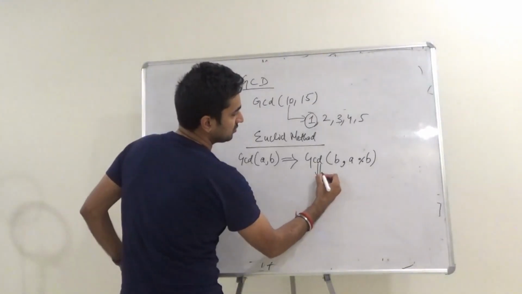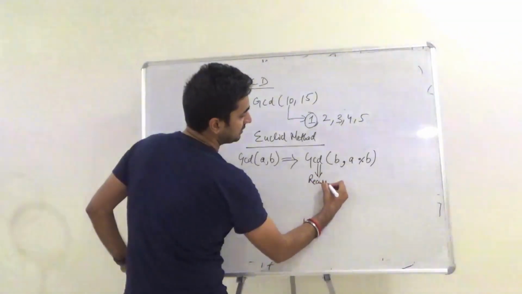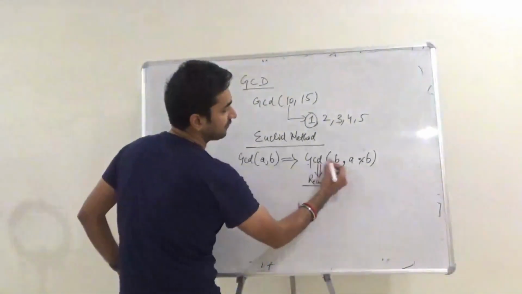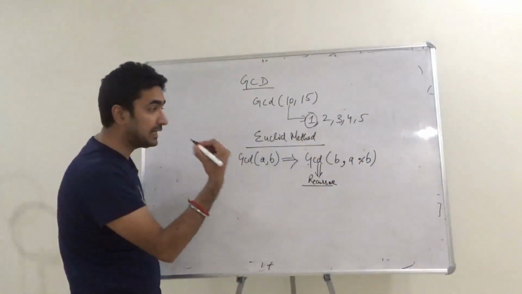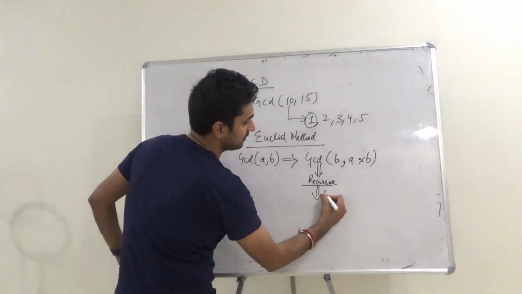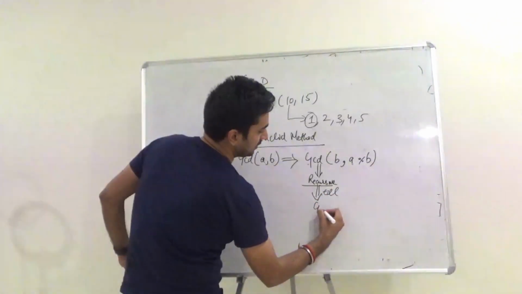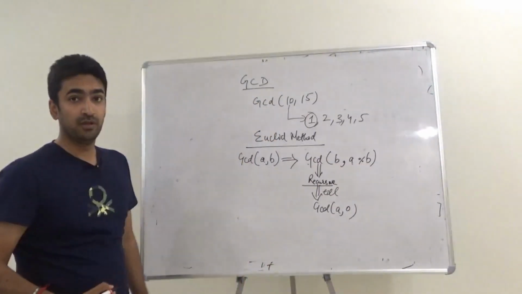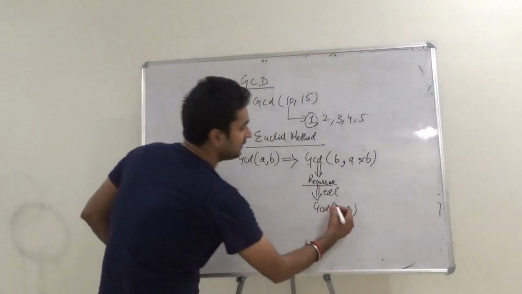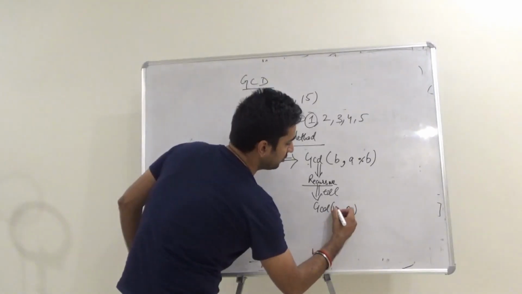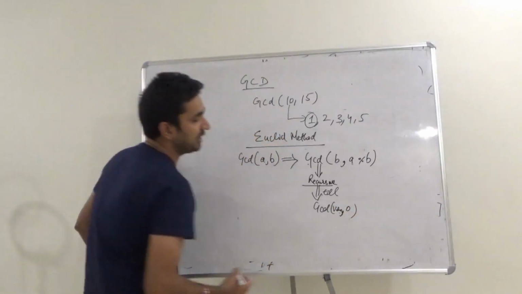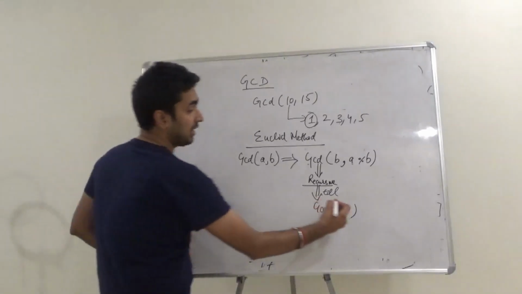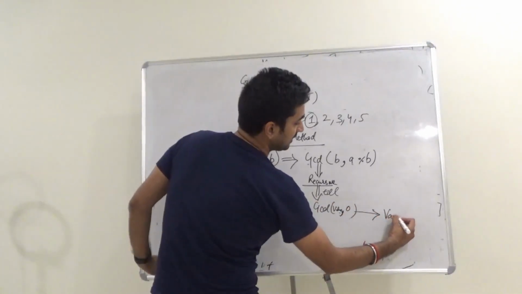A recursive method means this function is going to call itself again and again till the answer comes as a value and 0. For any value comma 0, the common answer is that value.